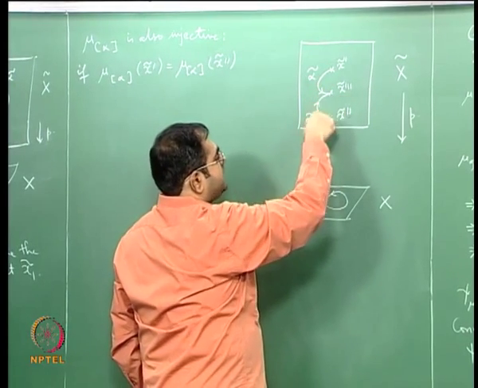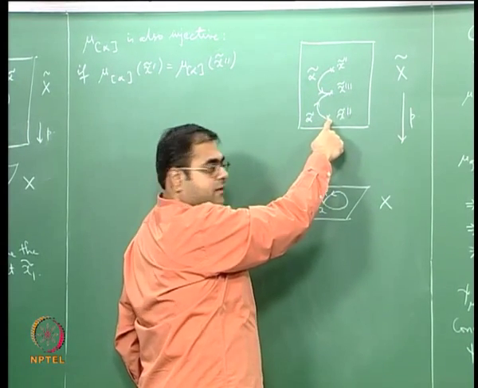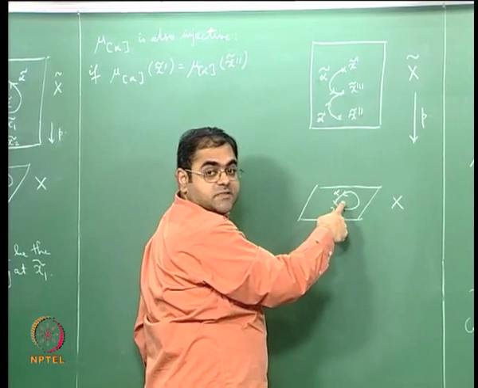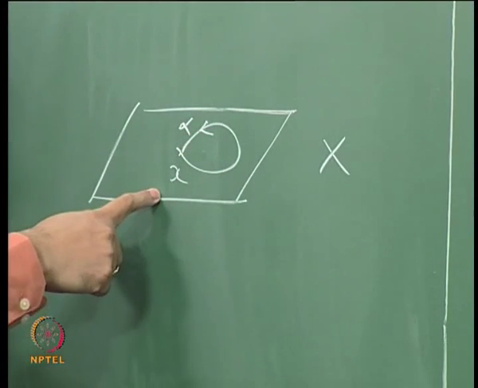So this followed by this in the reverse direction gives alpha followed by alpha inverse, which is homotopic to the constant path at x.